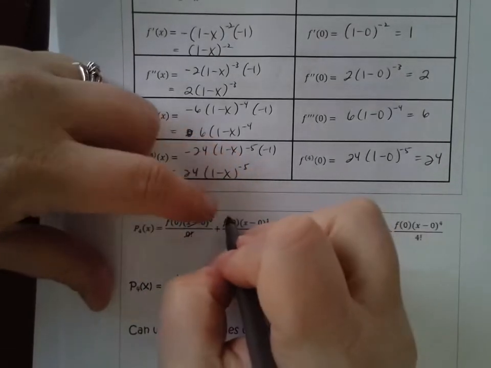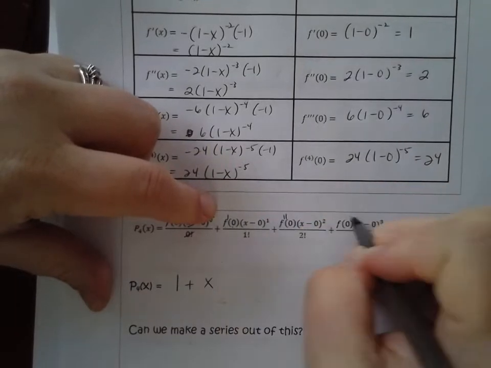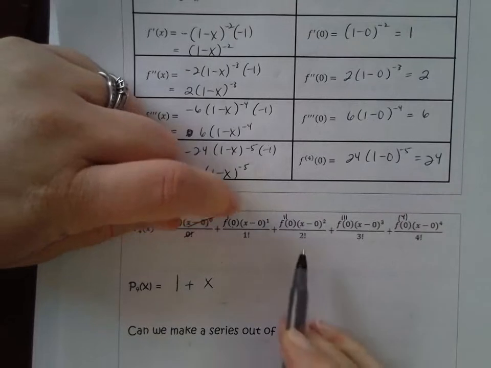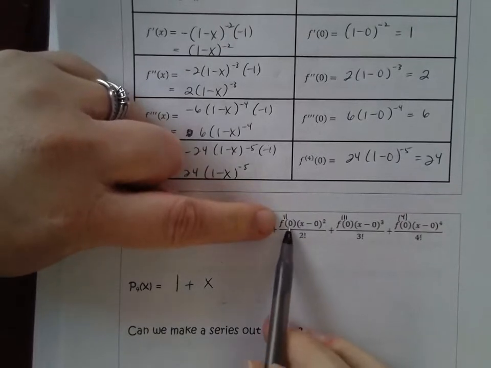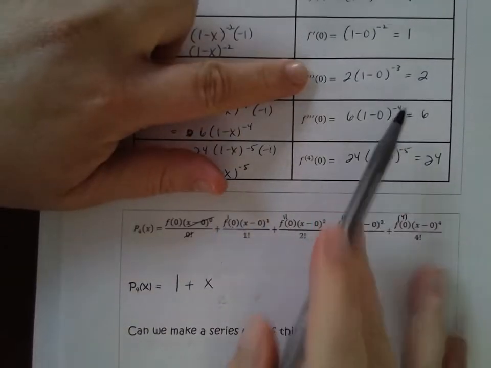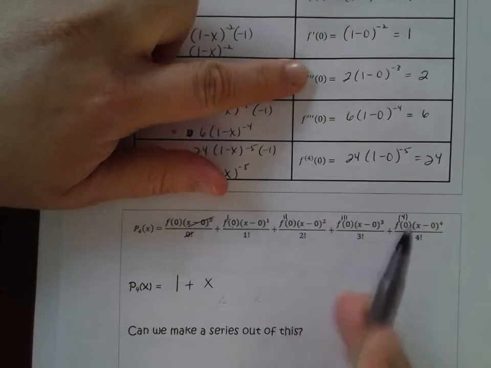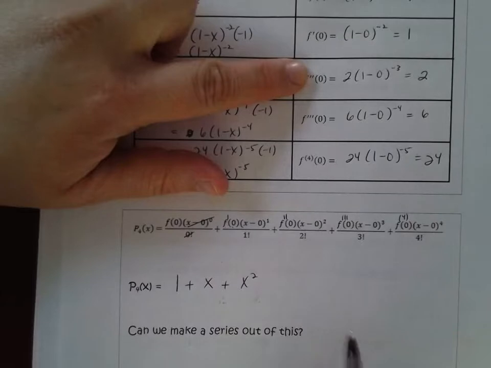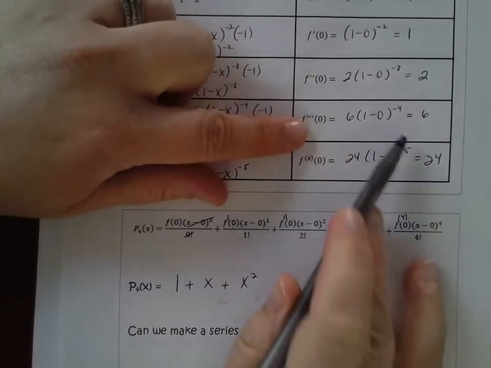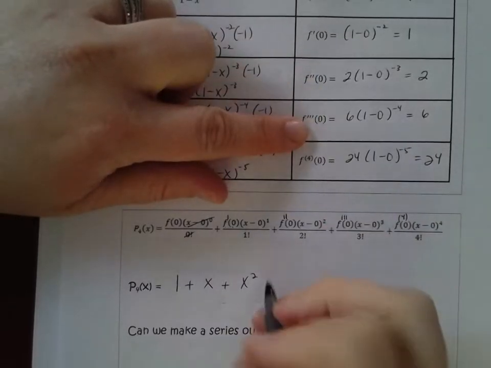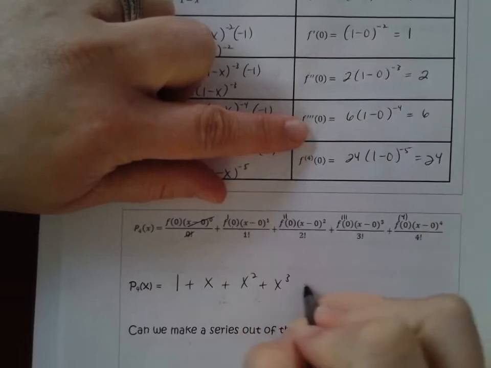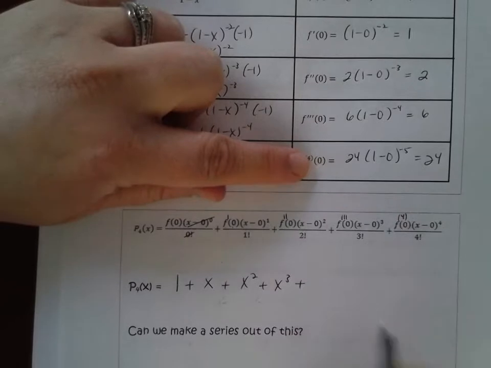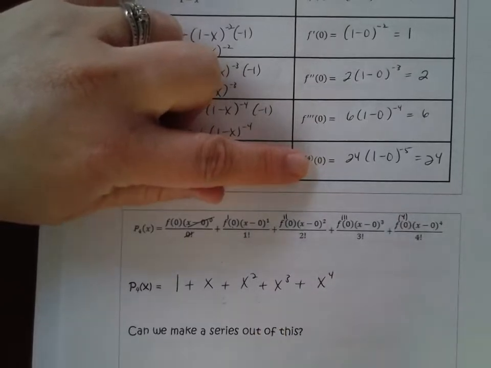This is incorrect, so that should be a first derivative, this should be a second derivative, this should be a third derivative, and that should be a fourth derivative. The second derivative is 2 times x squared over 2, which would just be x squared. The third derivative is 6, which matches the 3 factorial, so we just get x cubed. And the fourth derivative is 4 factorial, so those cancel, leaving just x to the 4th.